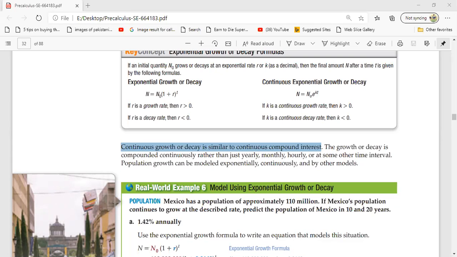Rate of interest is given as 1.42 annually. Time: first we have to find after 10 years, then the second question is after 20 years.